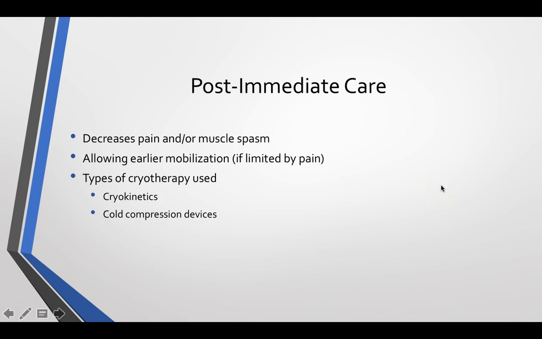So yeah, our goal becomes to try to allow earlier mobilization, especially if that's limited by pain from the initial injury. And so cold compression devices and intermittent compression that we're going to talk about, as well as cryokinetics, are two ideas that we utilize for that post-immediate care.